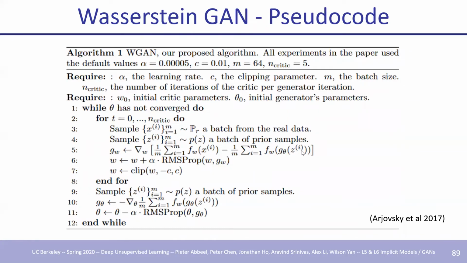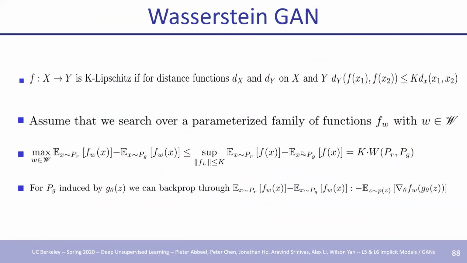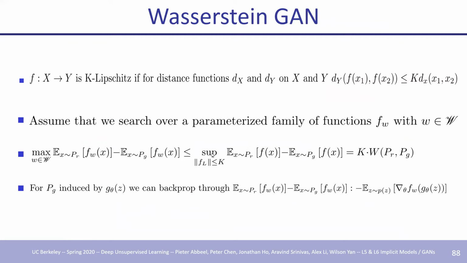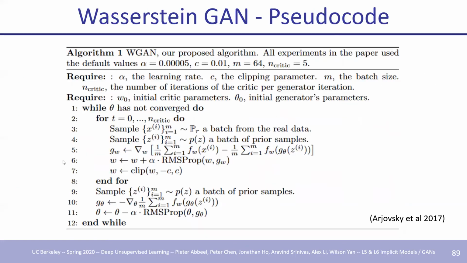This is just like the Wasserstein distance, right? But the sup became max. The expectation became 1 over m of the summation, and then we take the gradient and update it.